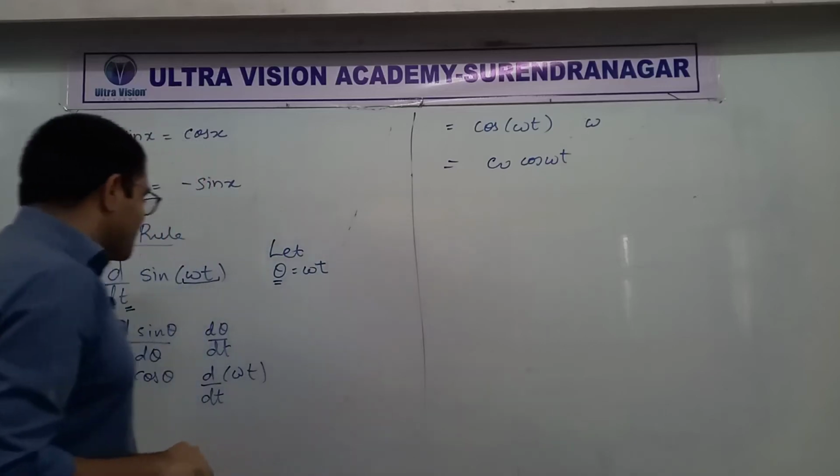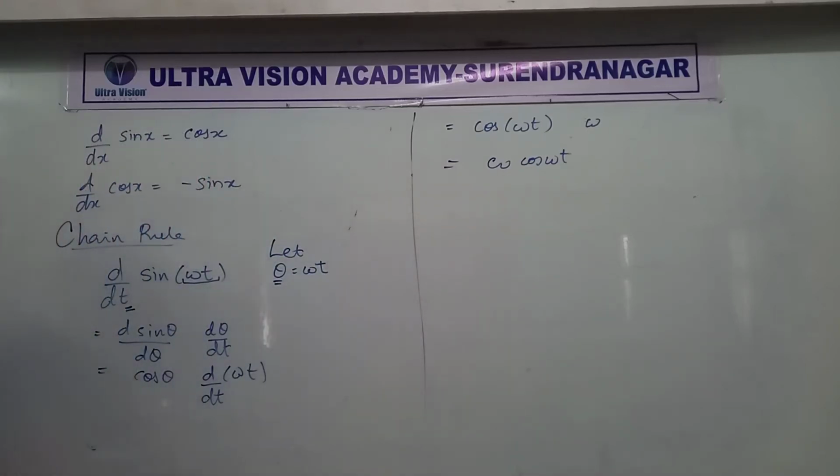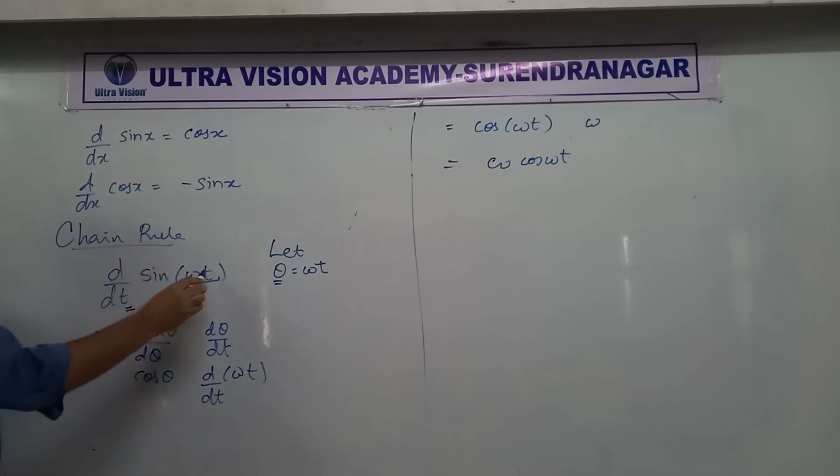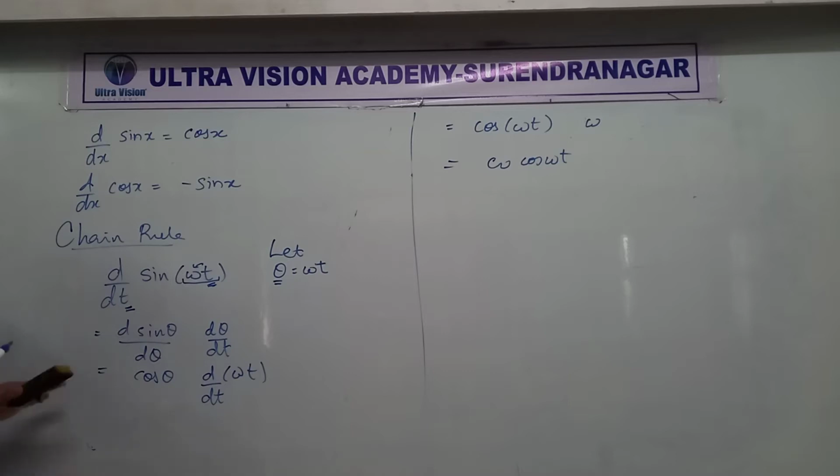But I know some of you would be cringing at the fact that you have to go through this every time. No, there is no need. There is a shorter version of this. What you can do is that if t here is multiplied with omega, then directly you can just multiply that omega outside, it gives you the same answer.